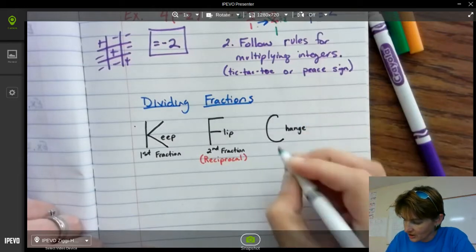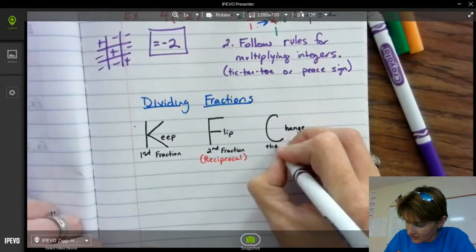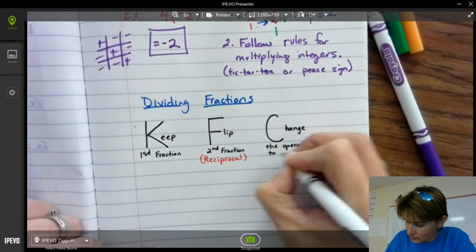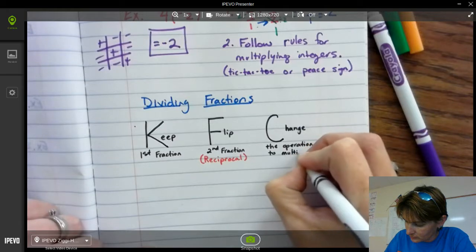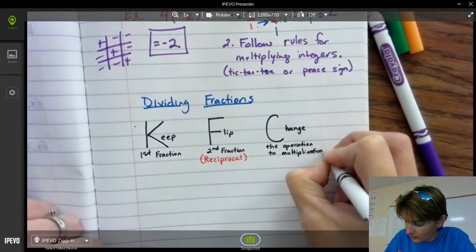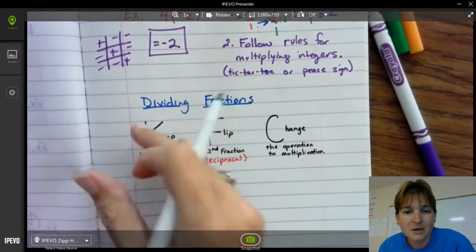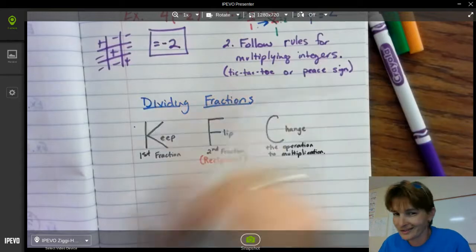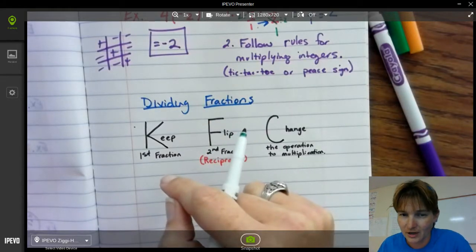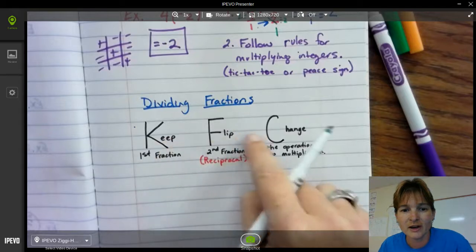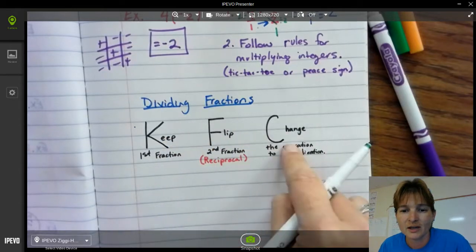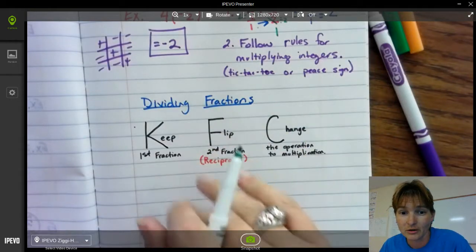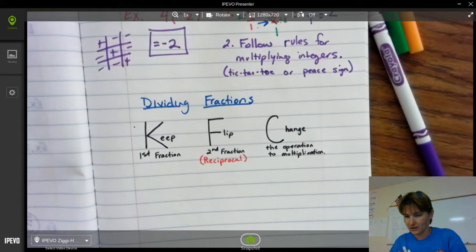And we are changing the operation to multiplication. And from there, once we do a keep, flip, change, we get our multiplication, and that's what we learned about just yesterday. So dividing fractions, we keep, flip, change, which gives us our multiplying fractions, and then at that point, we would multiply straight across. So let's go ahead and look at an example.